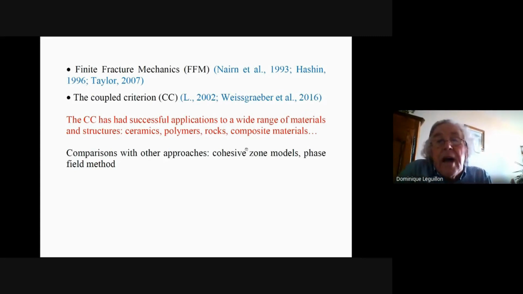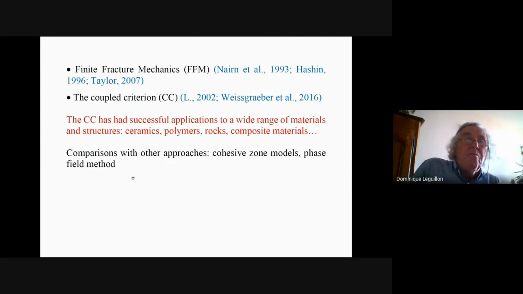And what I can add is that the coupled criterion was successful in many applications for many different materials, many different structures, and so on. And there are also now a large number of papers comparing other approaches with the coupled criterion, cohesive zone models, and the phase field method.